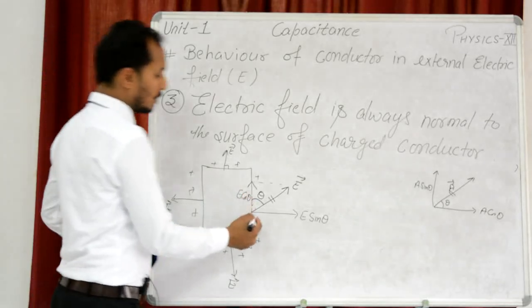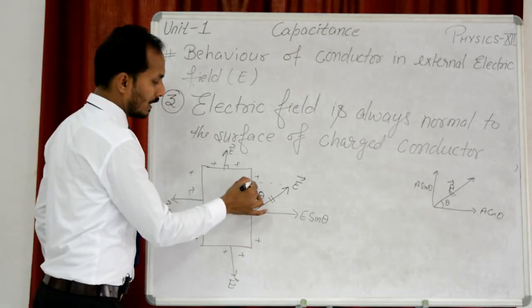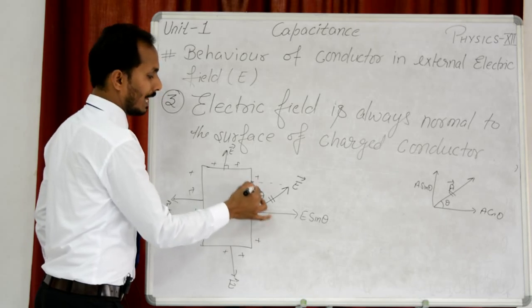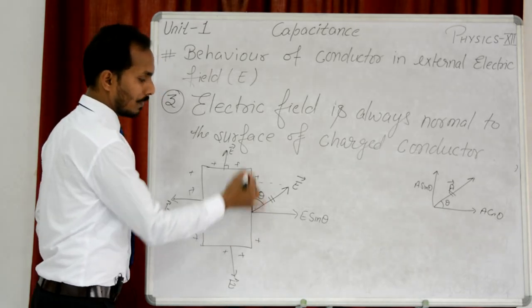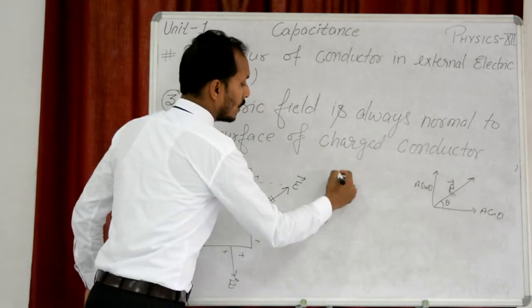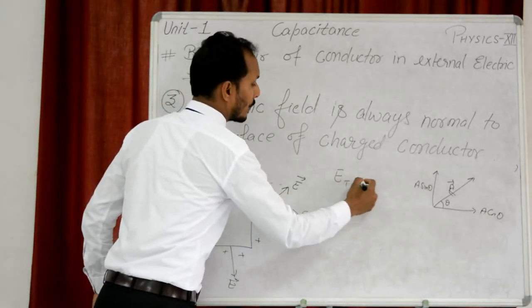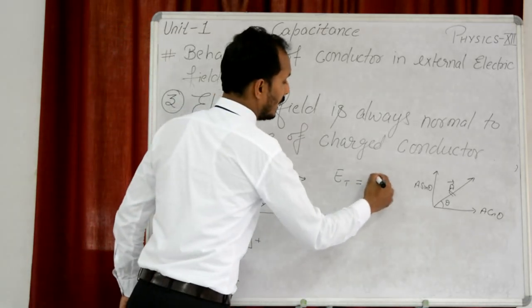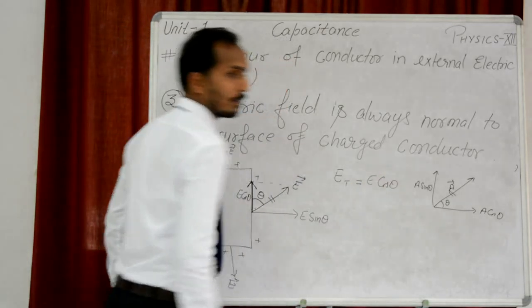Look at this point: this is the tangential electric field, because at the surface it is along the tangent to the surface. Its value is E cos theta.